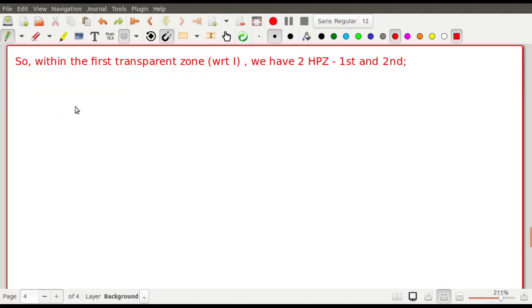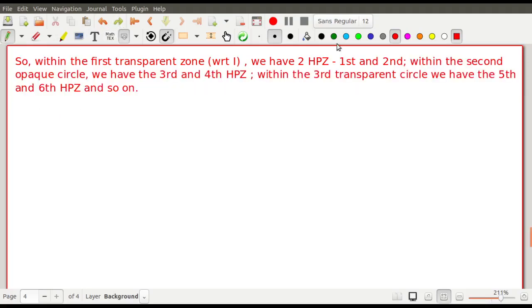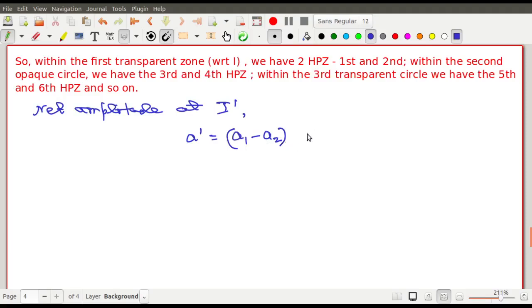So what is the net amplitude at I dashed? Net amplitude at I dashed, I call it A dashed, and you see that it was A1, so whatever was A1, now within A1 you have two zones, that is it will become A1 minus A2.